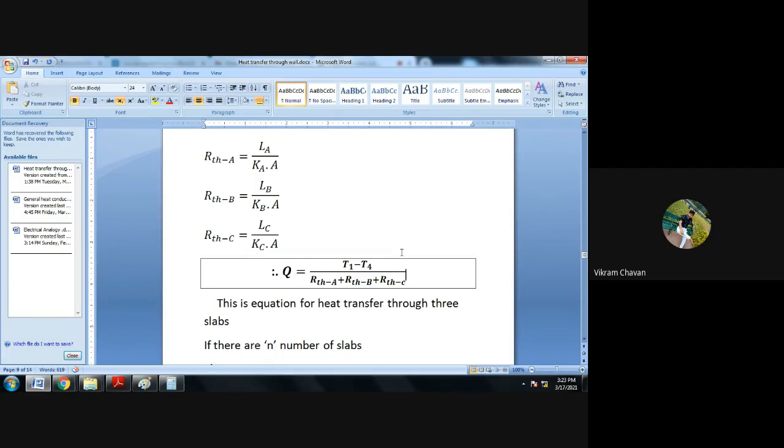That is, the thermal resistance of A wall plus the thermal resistance of B wall plus the thermal resistance of C wall. Getting everyone? Now, this is the equation for heat transfer through three slabs. Write it down.